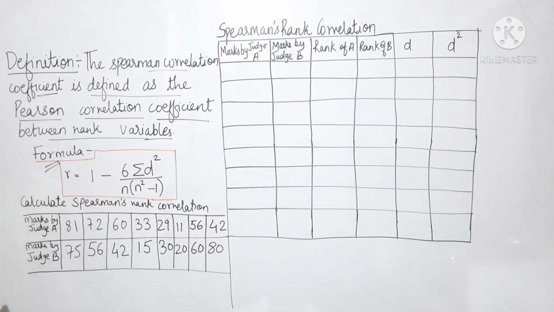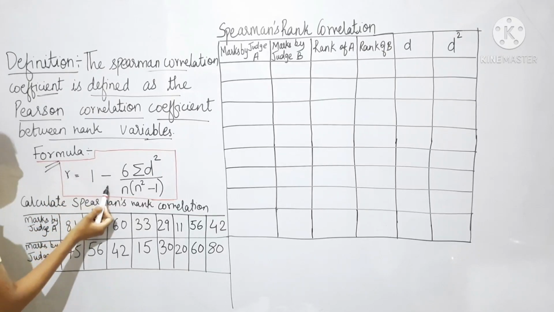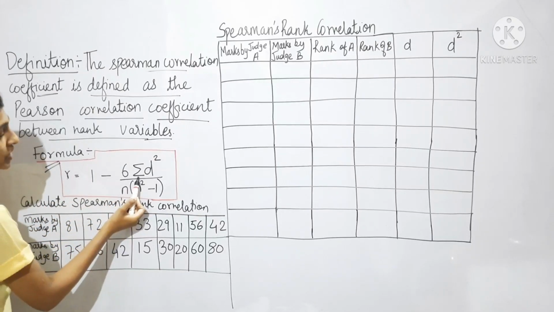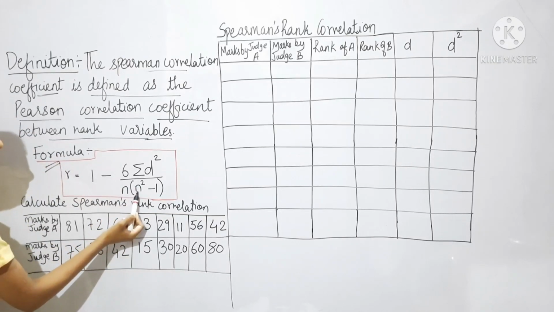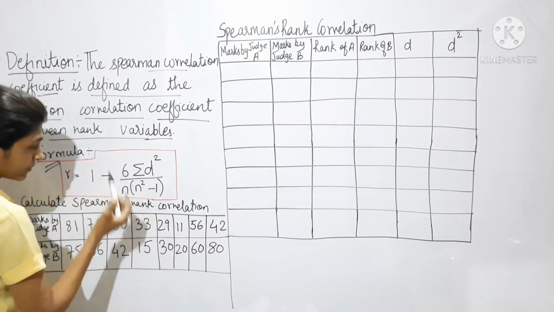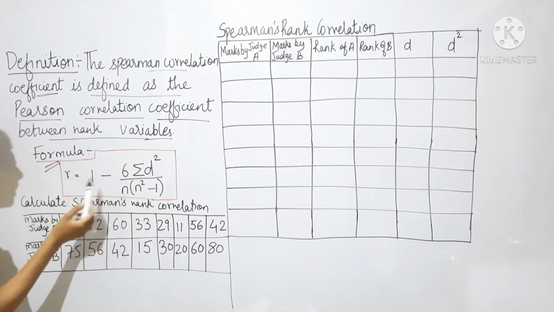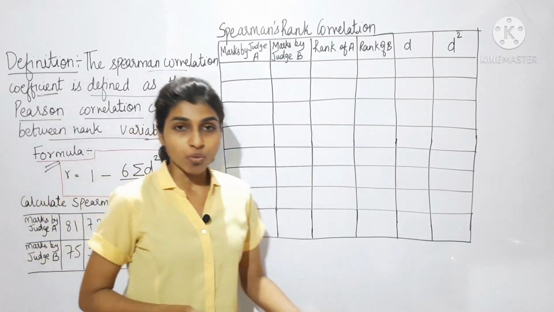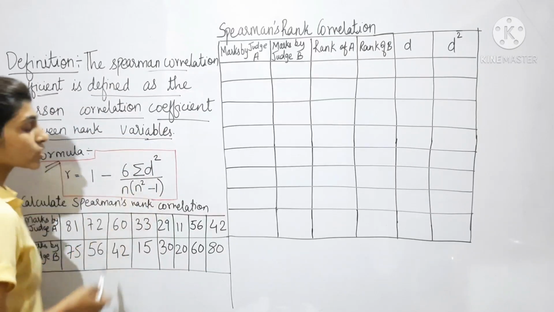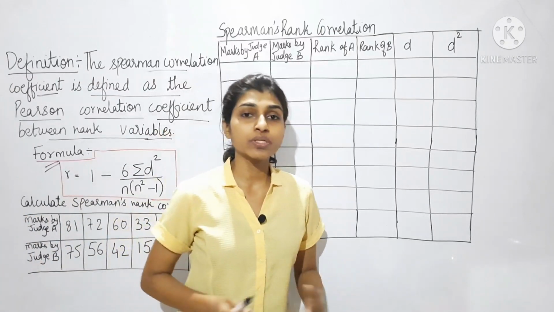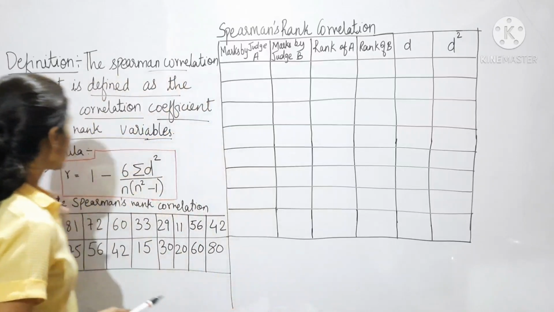So R, denoted as rank correlation, is equal to 1 minus 6 summation d square divided by n bracket n square minus 1 bracket close. Here n means the number of observations in the particular example, and d square is nothing but the square of the difference between the ranks.